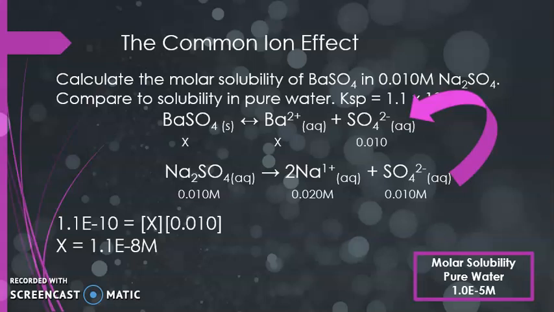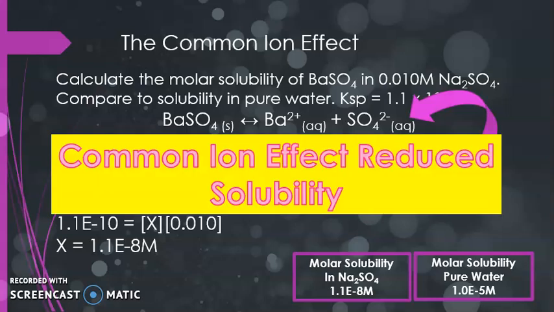I find that that number equals 1.1 times 10 to the negative 8th. So the molar solubility in 0.01 molar sodium sulfate actually comes out to be 1.1 times 10 to the negative 8th molar. So what we find is that the molar solubility is actually reduced by this common ion.